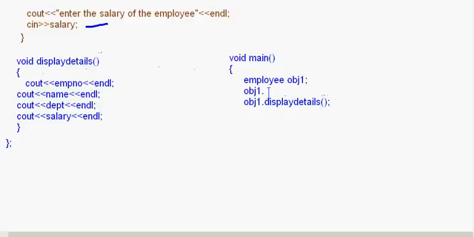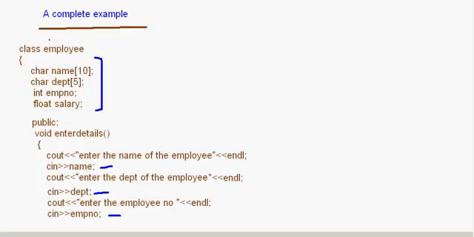Yeah, here it should be obj1 dot enter details, right? So when I write this enter details, this enter details is a method of the class here.